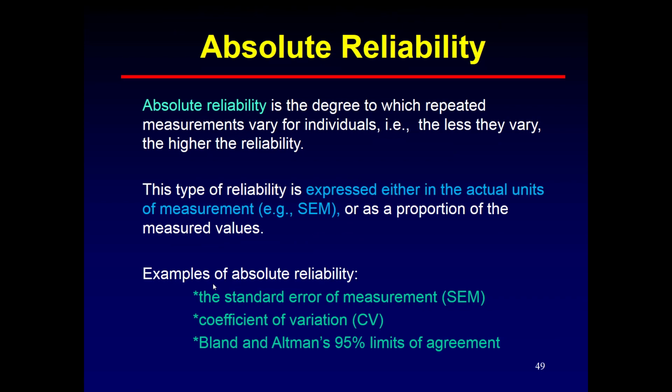Absolute reliability is the other type of reliability. It's a little bit different than relative reliability, where we were determining how you maintained your position in the group. Instead, what you're going to see here is the absolute reliability is the degree to which repeated measures vary for individuals.